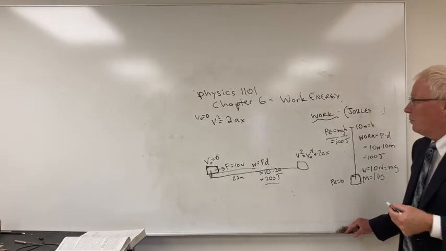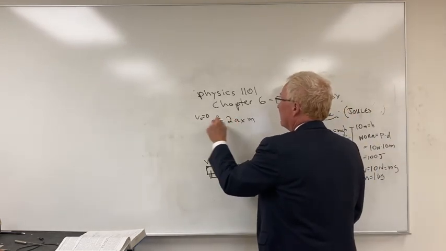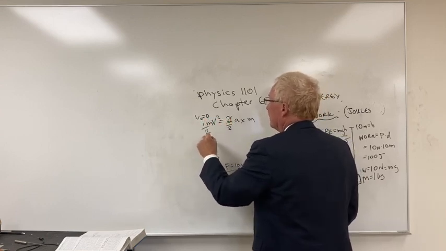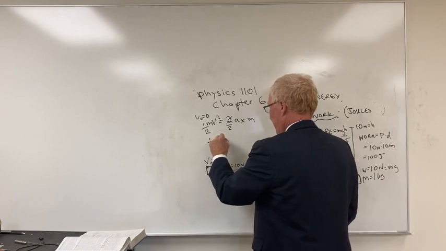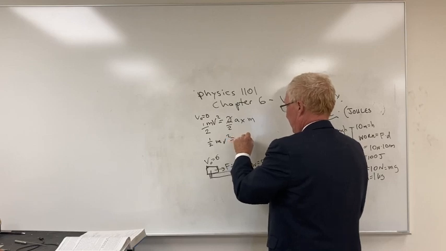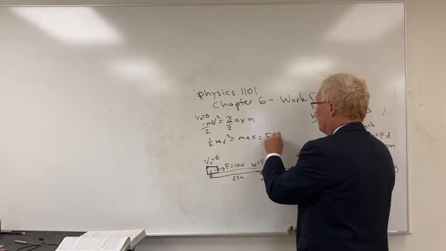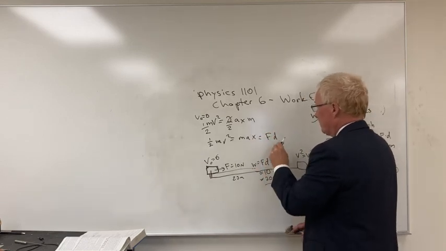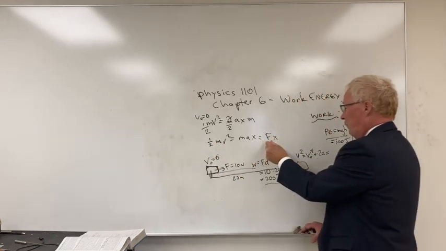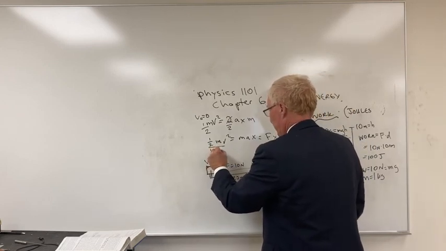Now, if we multiply both sides by the mass m and then divide both sides by 2, we get the relationship 1/2 mv squared equals ma times x, which is force times distance x. So this applied force over a certain distance gives us the expression for kinetic energy.